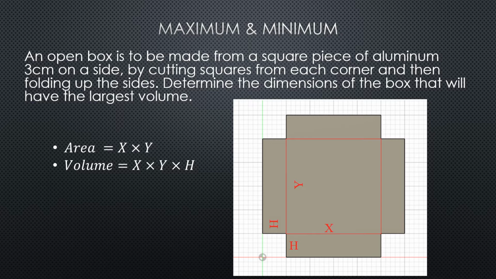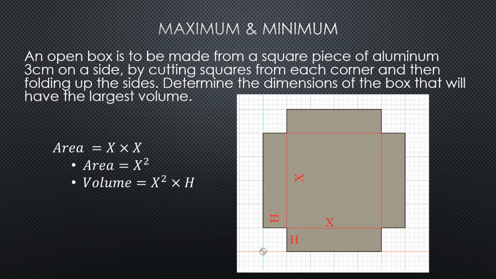That'll give us the dimensions of basically the base plate of the box. And when we cut out the corners and that gets folded up, that piece of aluminum gets folded into a box shape, and the actual cutout dimensions of the corners give us our height dimension.